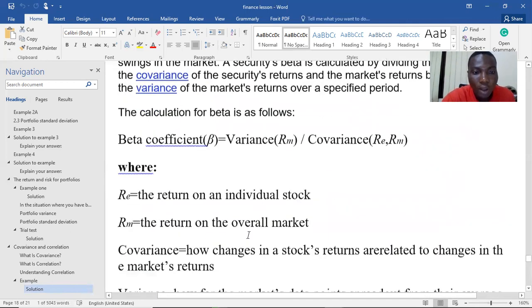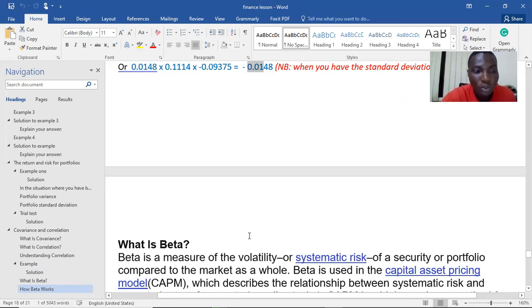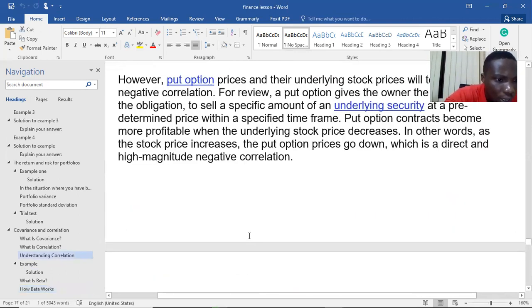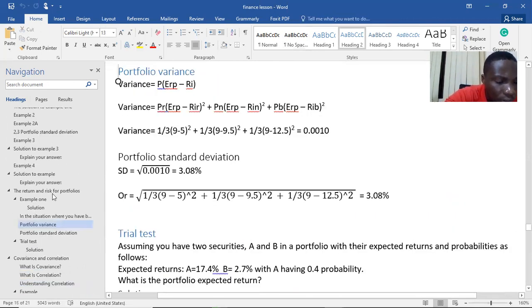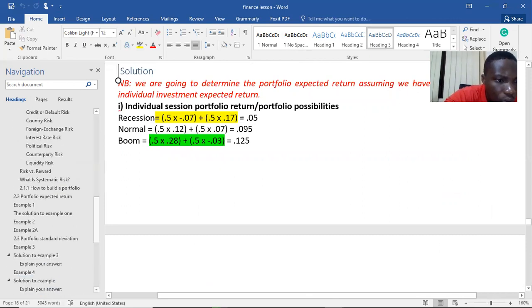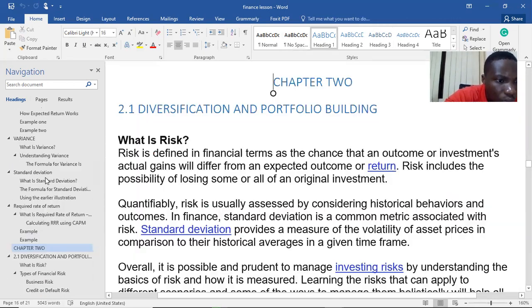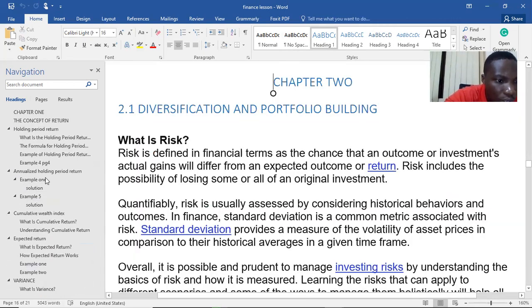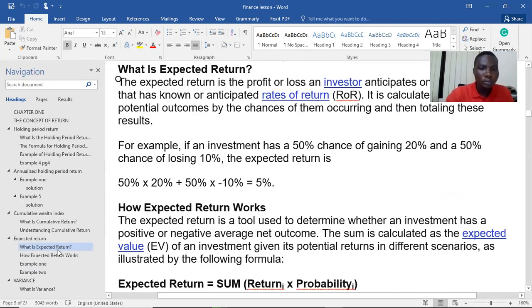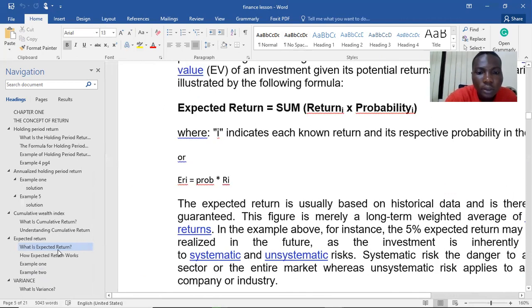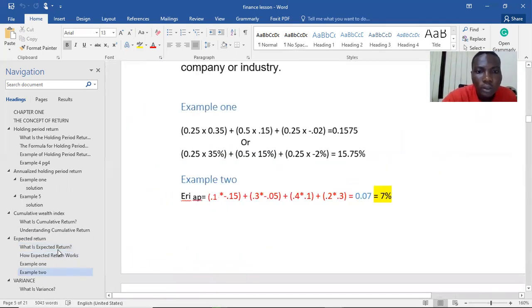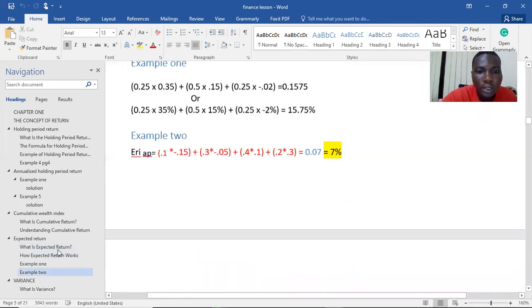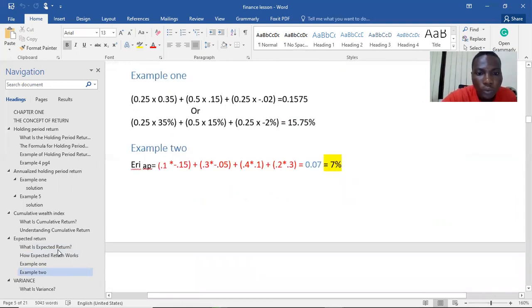So if you are having the past question, the question is asking you to find the expected return. So you find your expected return, and this is how you find your expected return.